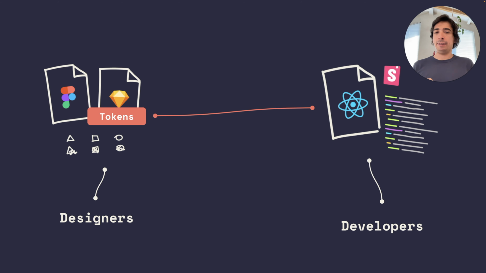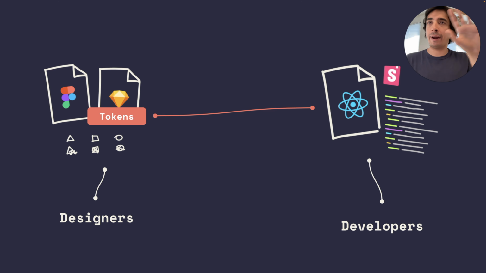This is pretty easy to do for colors and text styles because they're simple enough to translate to code, but currently it would be very difficult to turn a component into a token, like a button. That's not really a common practice as of yet. So I would recommend starting off with colors, typography, and possibly icons as well. I've seen icons work well in a lot of use cases.